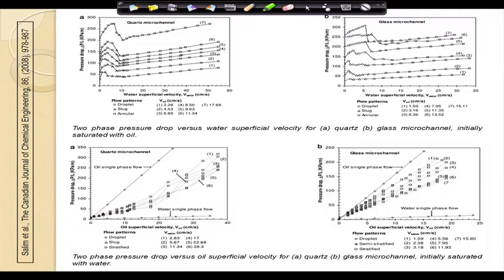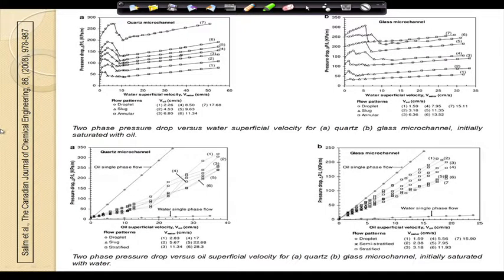We found significant differences when working with glass and quartz microchannels, and also for oil wetted and water wetted cases. This second part is not usually available for air water data, and this is the reason why I have selected oil water data for discussing the pressure drop results.